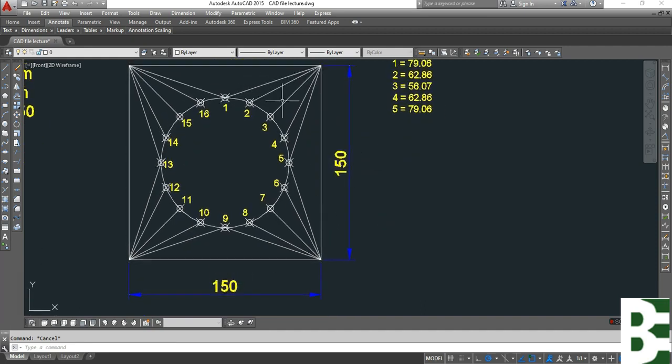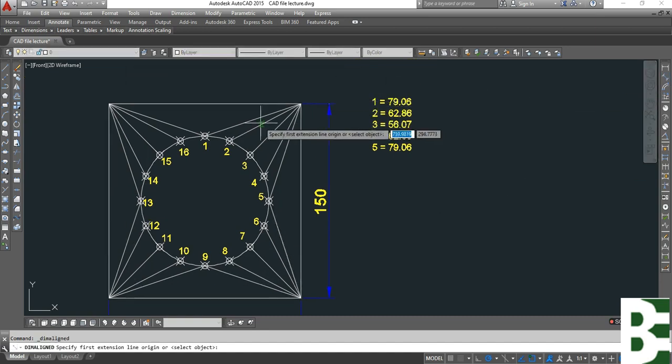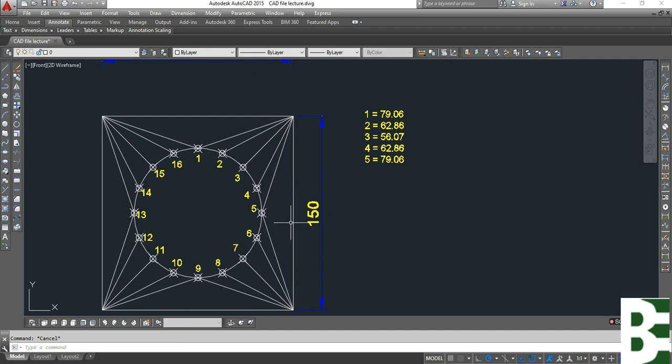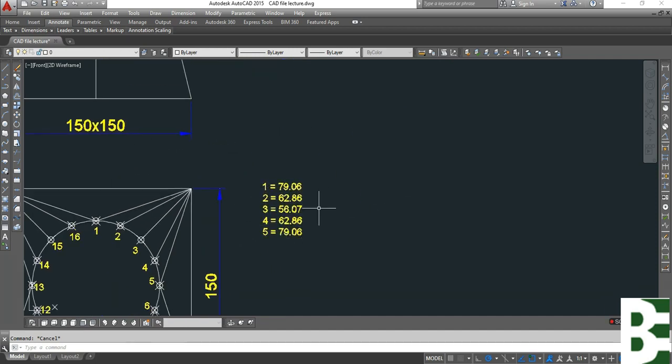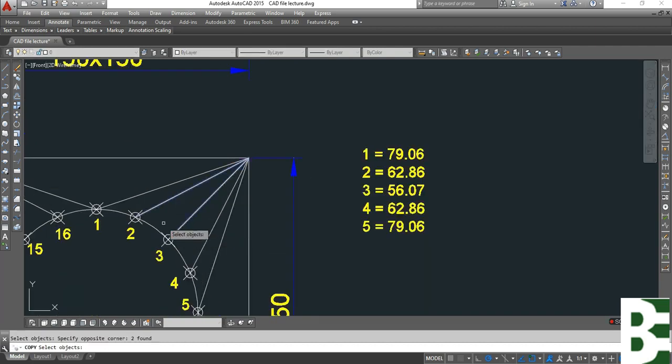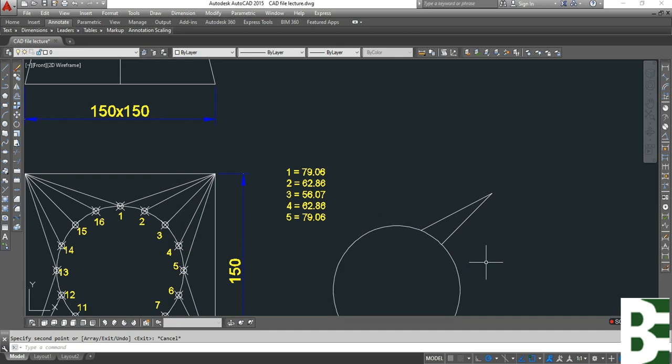If you divide this circle into 20 segments, then all the dimensions from each side should be the same. Not 6, 3 in 3 pairs. Same like here, we have 2 pairs, 1 and 5, 2 and 4, and the 3 is alone.